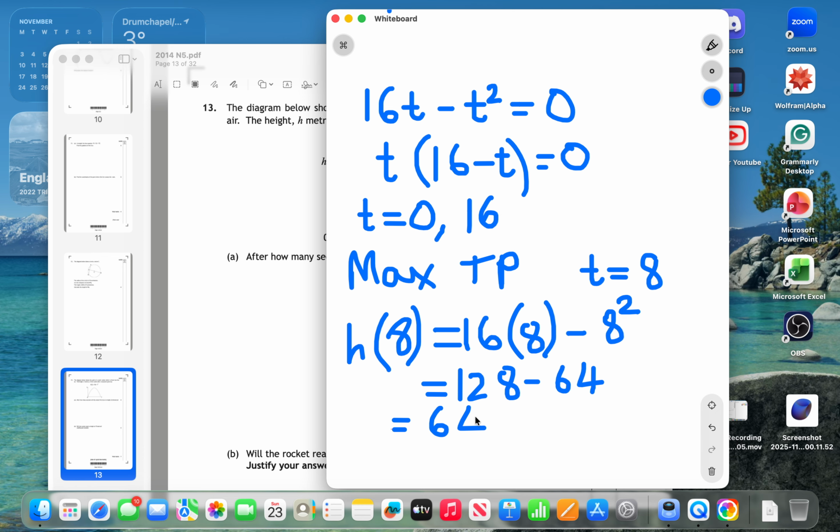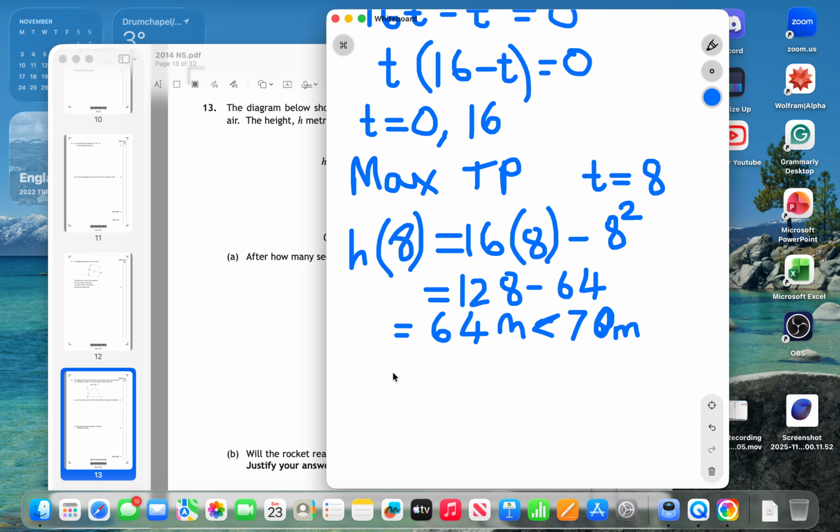And that is less than 70. So the maximum height is less than 70, so it won't reach 70 meters. But regardless of which method you choose, the important part is that you justify the answer, and I will explain why that's the case in a second.